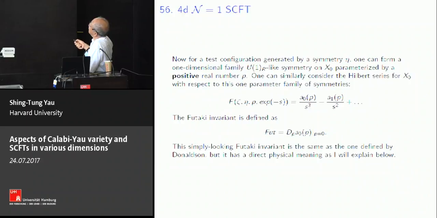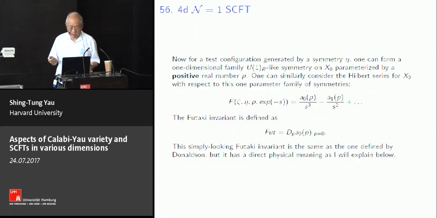One can similarly consider the Hilbert series for X0 with respect to the extra one-parameter family of symmetries, and we can define the A0. So we have a similar Futaki invariant defined this way. And this simple-looking Futaki invariant, although it looks different, is the same as the one defined by Donaldson in the geometric situation.